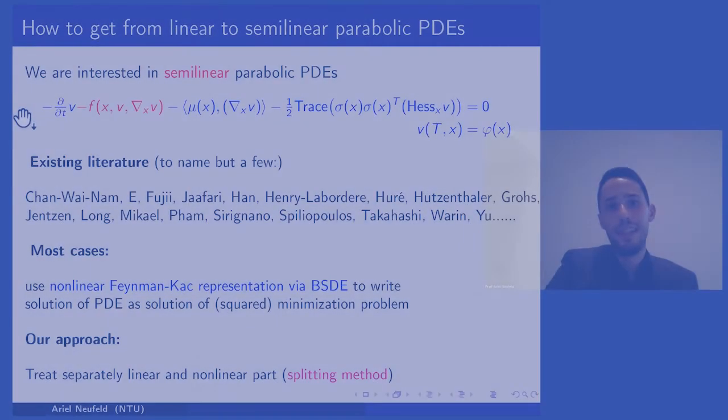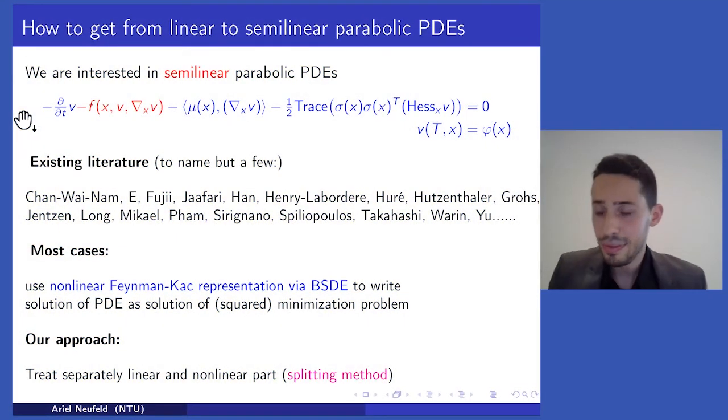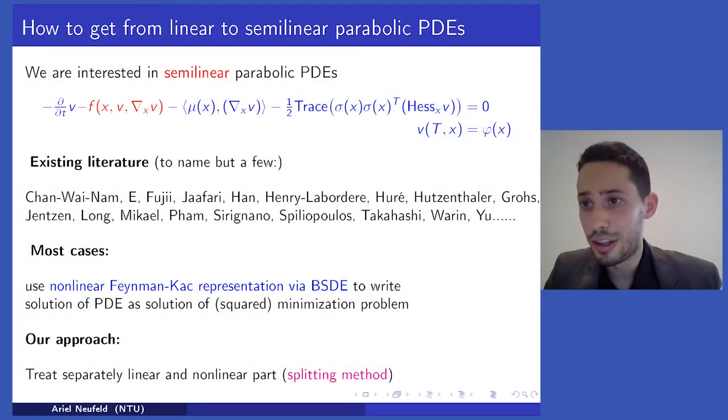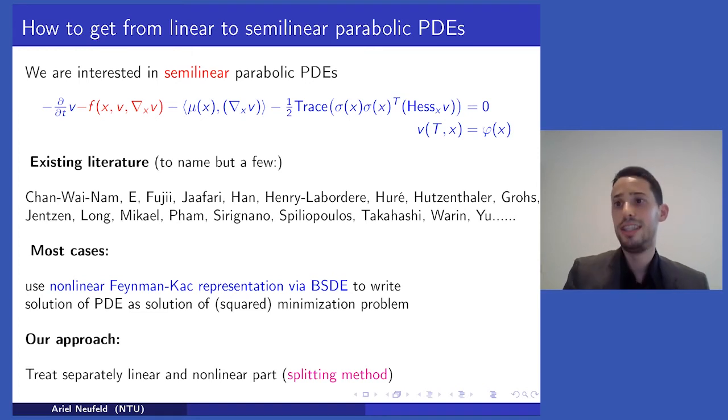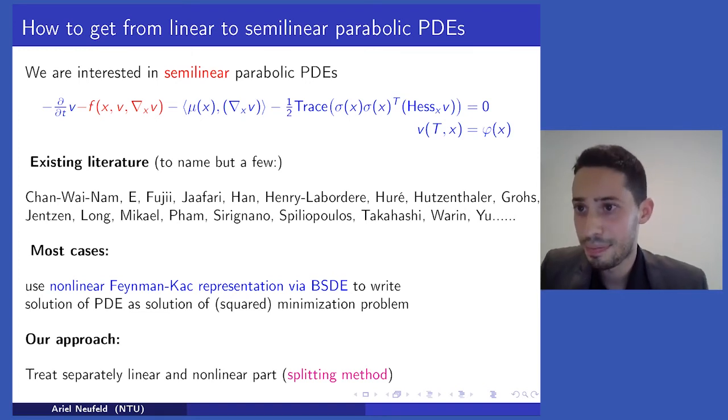Okay, so maybe I go to answer this. As I said before, you see this PDE typically in finance. So first of all, if you want to price a financial derivative, you first need to make some model assumptions.